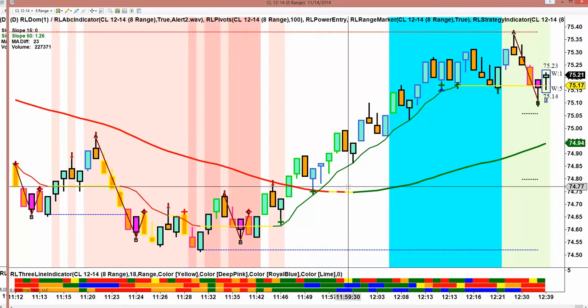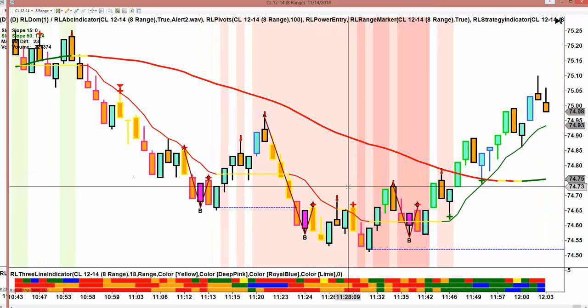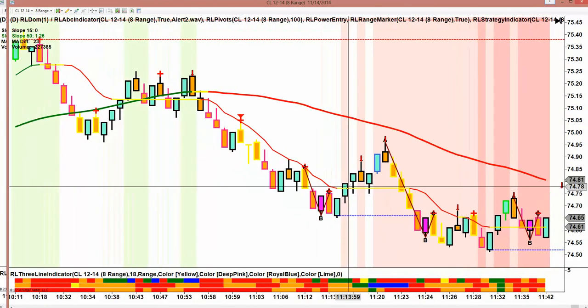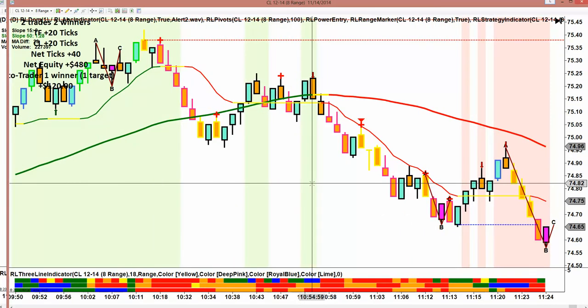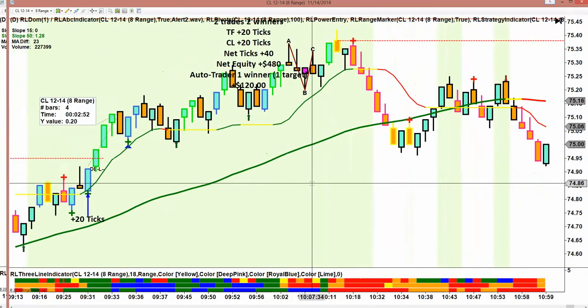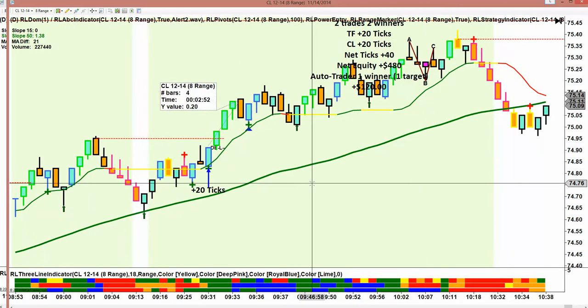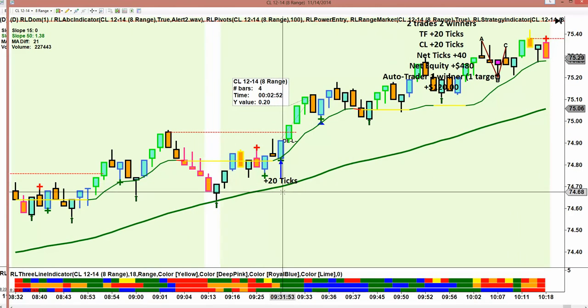So let's go backwards and take a look. Now you can see this is a really good down move that did not occur with bias. Here's an up move. We took this in the room today. Order flow, stochastic, with us on the trade.